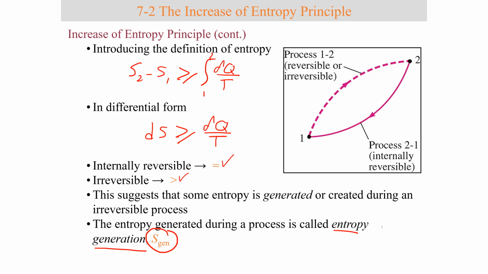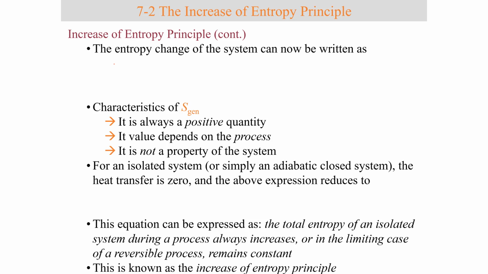So let's go back and let's expand what we would call our second law analysis. The change in entropy during a process, right? The entropy at state 2 minus the entropy at state 1 has to equal the entropy transfer by heat plus entropy generation, right? This is for a closed system.